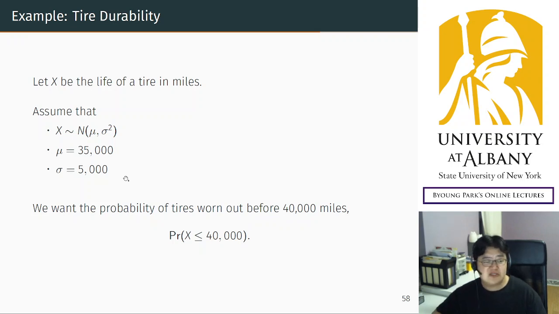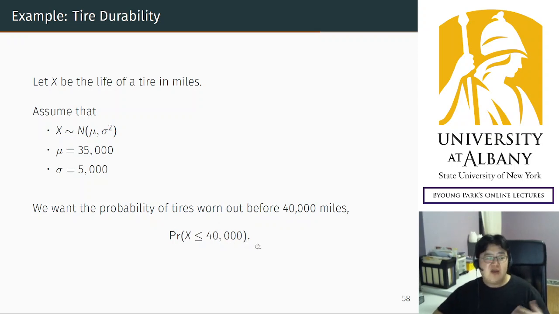And we would like to calculate the probability that a randomly chosen tire is worn out before 40,000 miles. To translate that, we are interested in the probability that X is smaller than 40,000 miles.